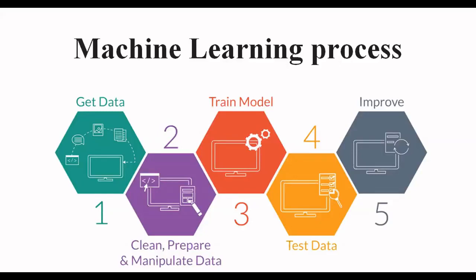And then we clean, prepare and manipulate the data. We will remove the data which is not useful for our application, or prepare the data according to our application and our end results. And we will train the model.